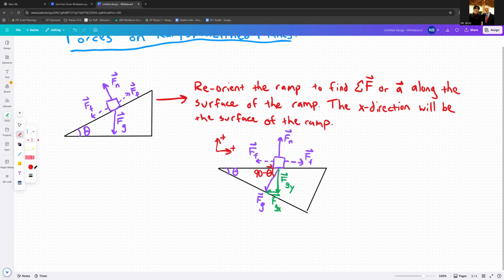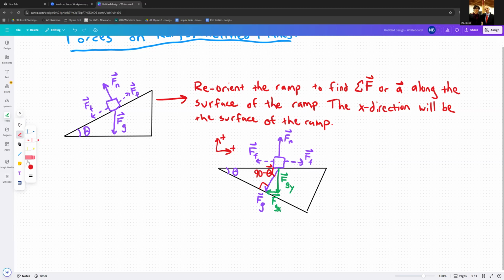I did draw the force of gravity intentionally all the way to the bottom of the ramp because I wanted to get the visual of gravity X straight down. So angle-wise, we've got the angle at the bottom of the ramp, whatever that is, could be 30, 20, 40 degrees, and then we've got a 90 right here. We got another right triangle, and this one up here is 90 minus theta.